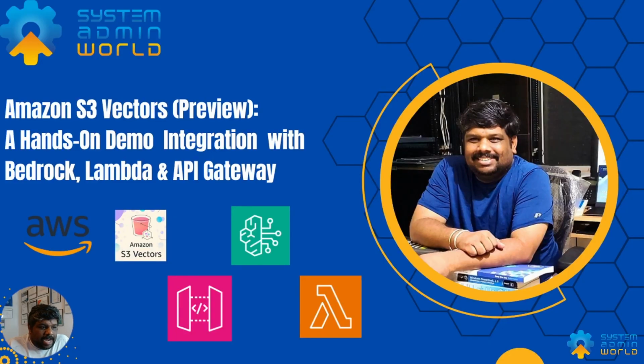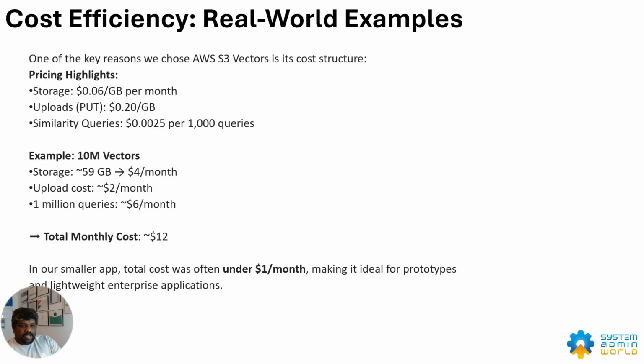Okay, going back to my presentation, I want to show you. Now let's check the cost efficiency. So, real world explorer, the price highlights, I just brought down the explanations. How much per GB it will cost per month, the upload cost, the query cost per thousand queries.